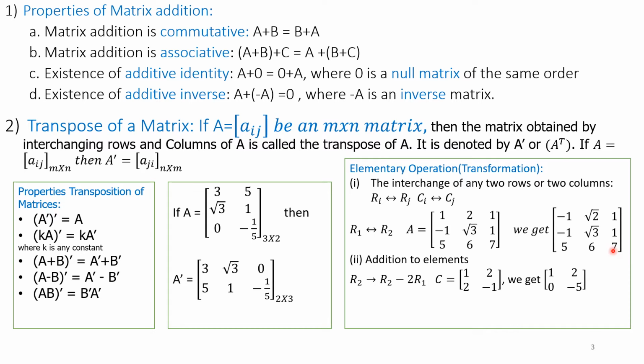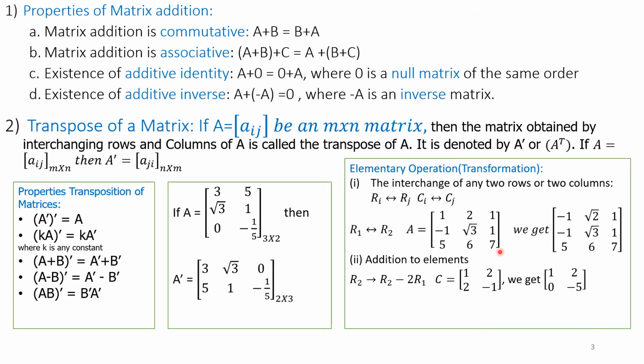We can interchange row 2 by row 1. I will read once again. After interchanging, row 2 goes to the top. Therefore, it will be minus 1, root 3 and 1. And the row 2 becomes 1, 2 and 1. The row 3 remains as it is.